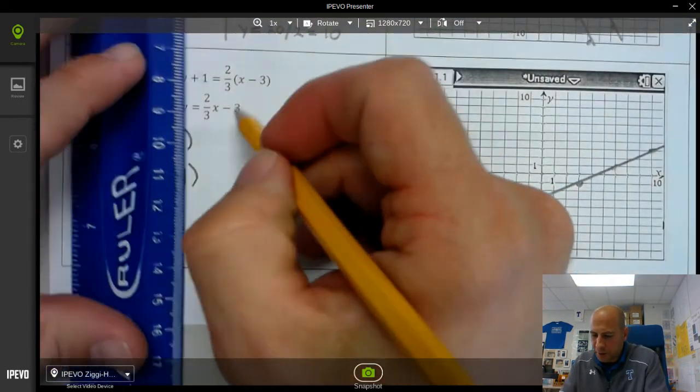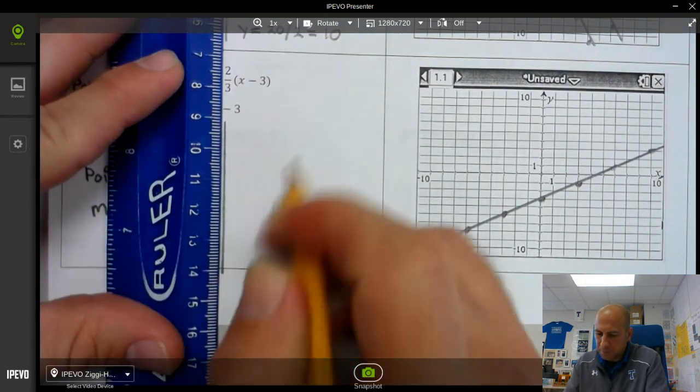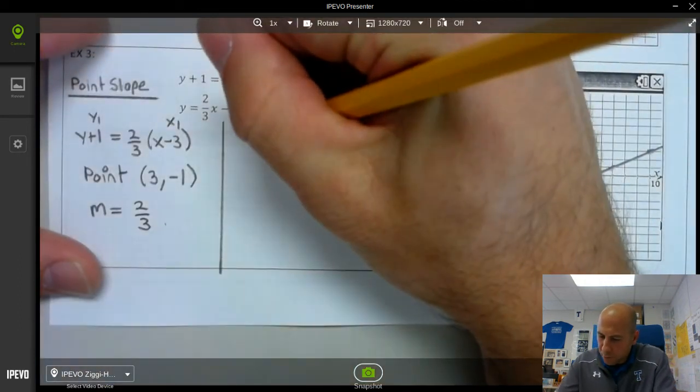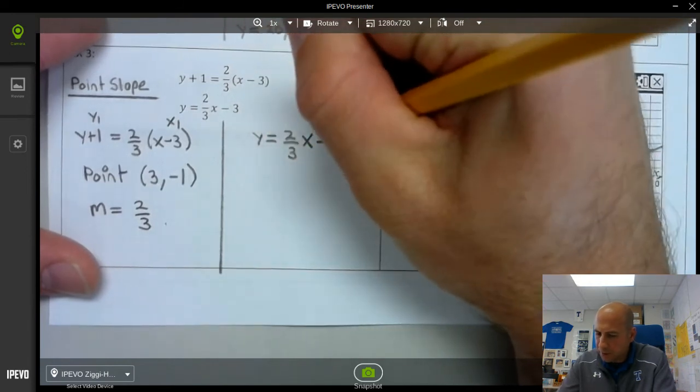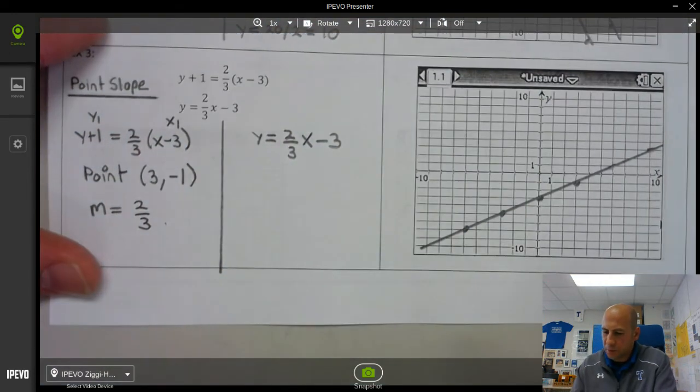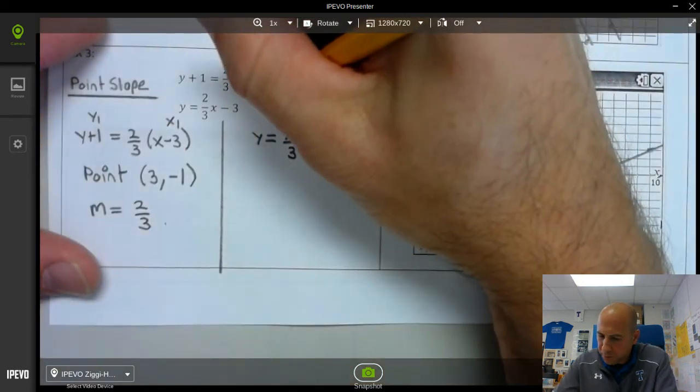All right, so now let's look at the next line, which we have y equals 2/3 x minus 3, which is in slope-intercept form.